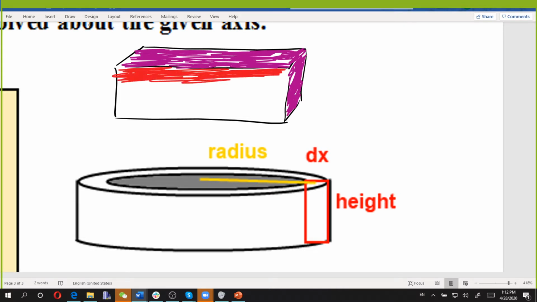The height of the box being the difference between those two y values, so it's still the height of the cylinder. And then the width of this box is going to be based on my radius.